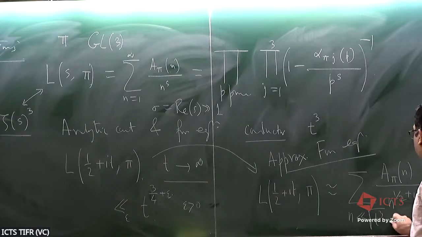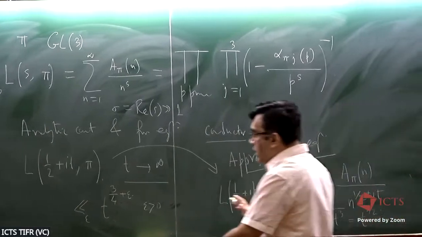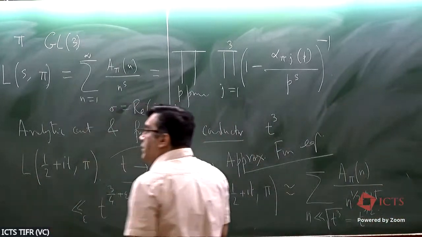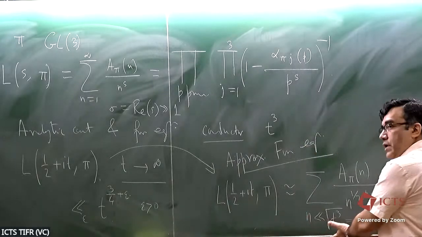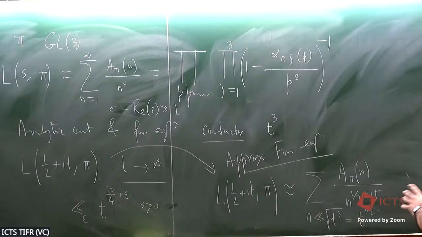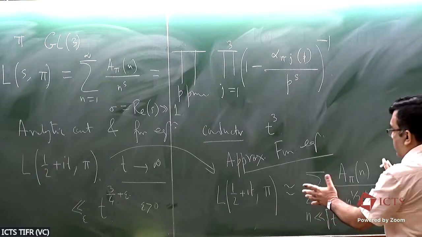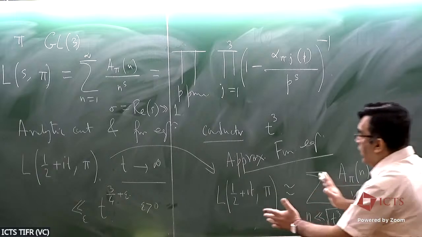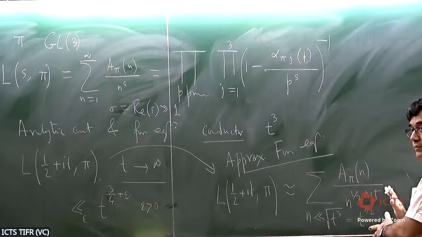So it's t to the power 3/2. So the approximate functional equation says that this can basically be replaced by something like this. It's not completely true, because there will be a dual part, because it comes from the functional equation. But roughly, if you want to bound this, you need to bound this.